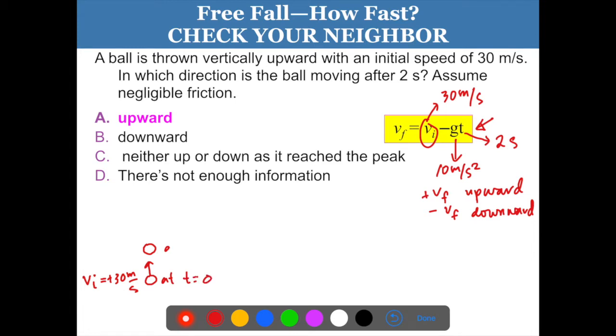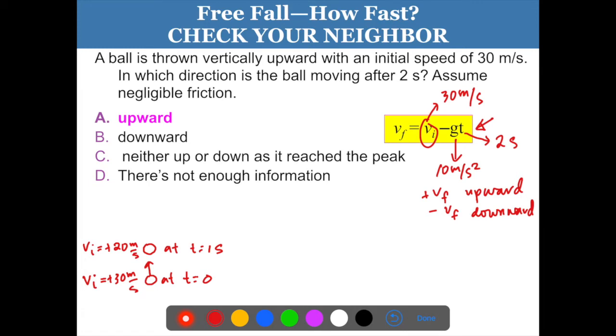Time equals 0 is the time when it's thrown upwards. After 1 second, its speed would have decreased by 10 meters per second, so its new speed will be 20 meters per second.